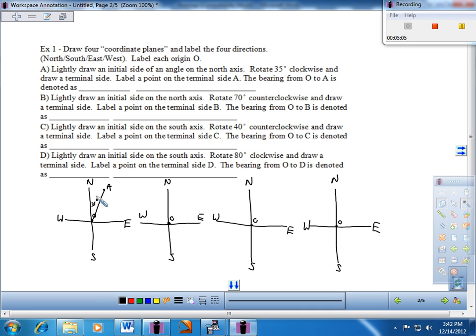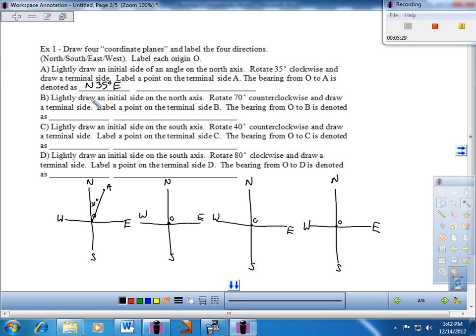Okay, perfect. So I have it as where you start. So everyone, we rotated off the north axis here. Then we went 35 degrees. So my terminal side rotated 35 degrees in an easterly direction. So I hope everyone's okay with that piece. When I talked about that clockwise, we went in an easterly direction. And so those are going to be the three components to our bearing.